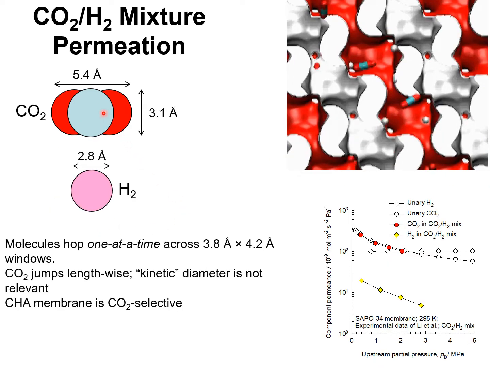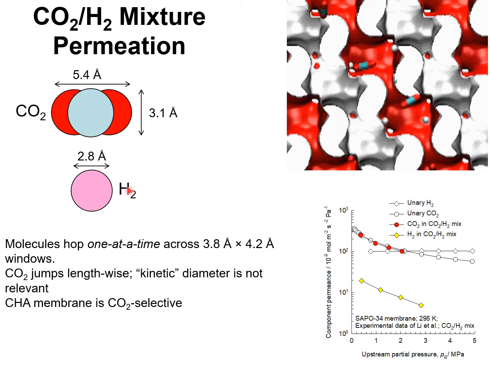The permeation of mixtures of carbon dioxide and hydrogen across a Chabasite membrane is different from the two examples considered in the previous two slides.